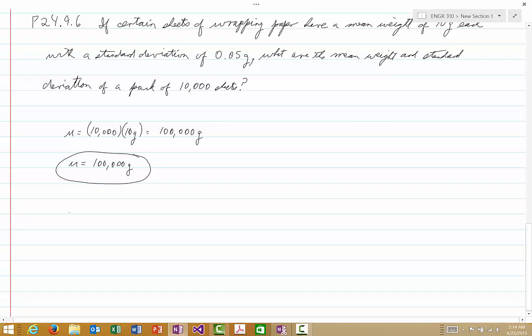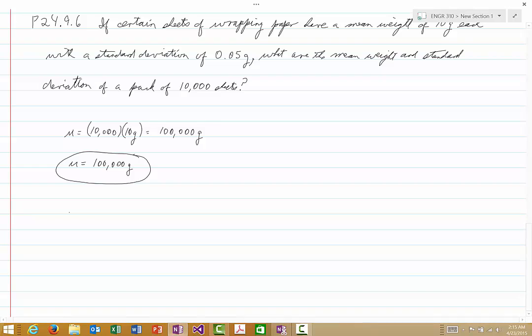Well, the way that we calculate this is the following. If you have a sum of random variables, the means add together, and so do the variances. Now, it's important to note the standard deviations do not add. It's not the standard deviations that add, it is the variances that add.